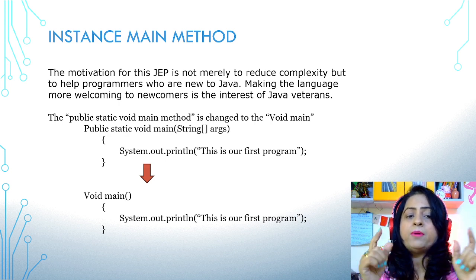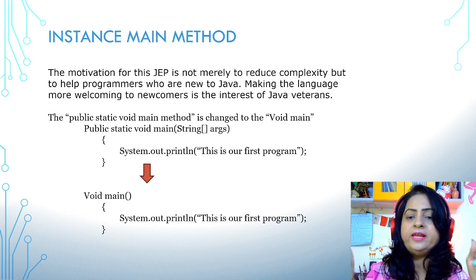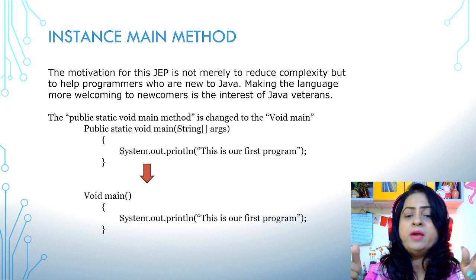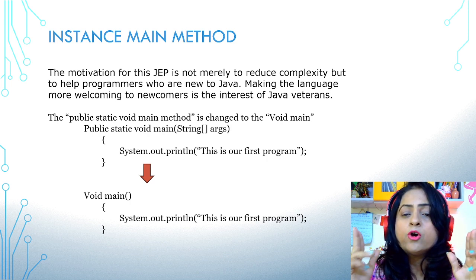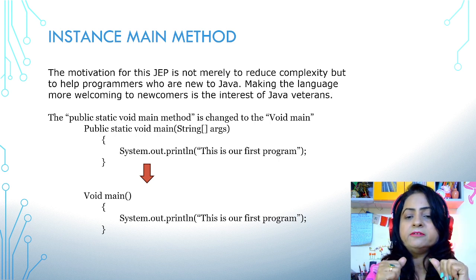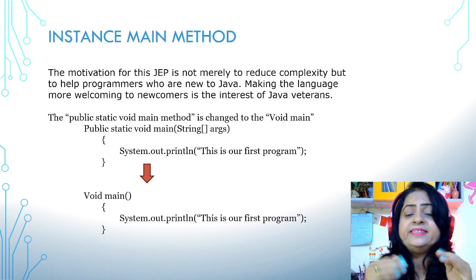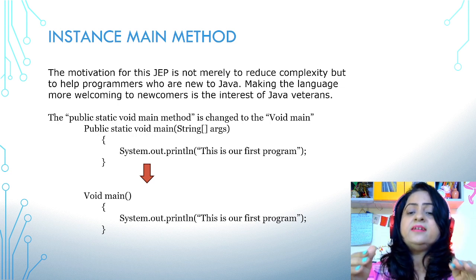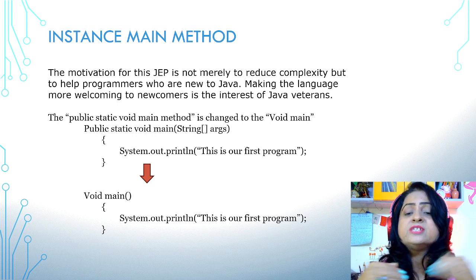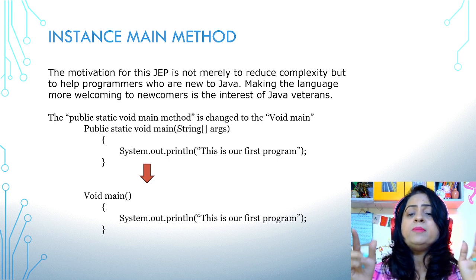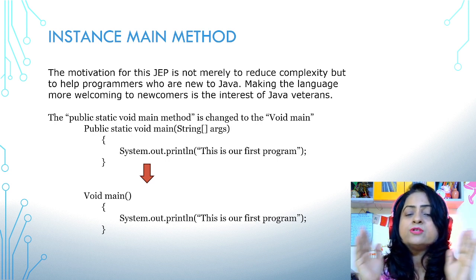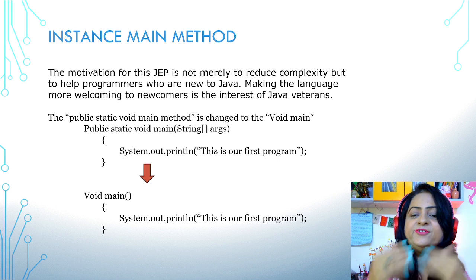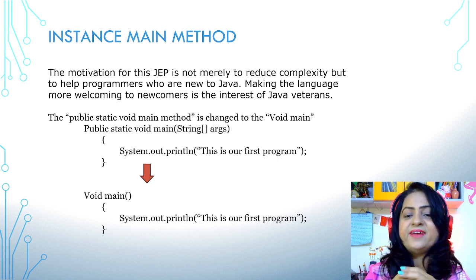Now, public static void main, a lengthy method signature with four keywords, sometimes seems complex to a new person. The Java team understands that if a student just enters the Java world and has to write his first program, why make it so complex? Make it simple so that people get interested in the language and proceed further.